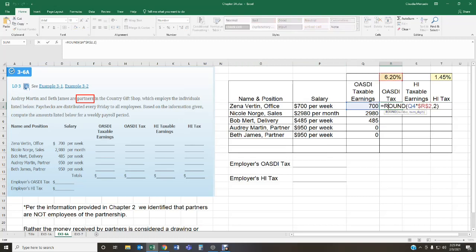I multiply Q4, which is my 700, times my R2, which is my rate of 6.2%, and I am rounding to 2 decimals, and that gives me 43.40. Once I've done that, I click on the cell, select the bottom right corner, and drag it down.